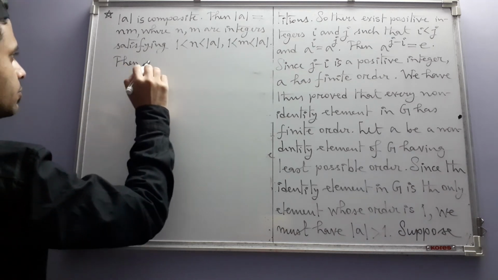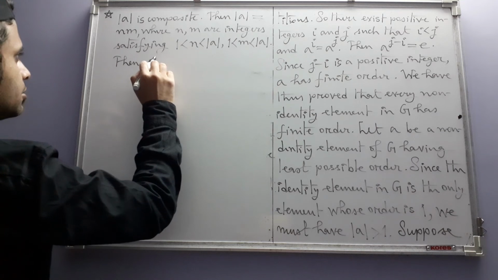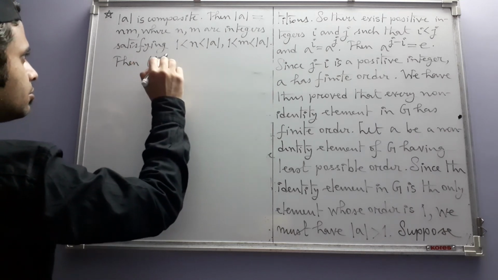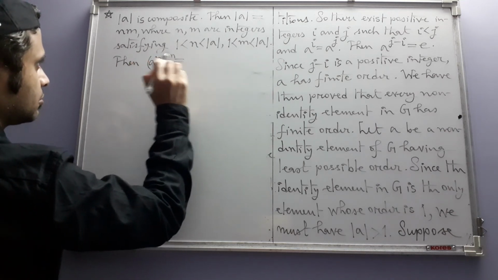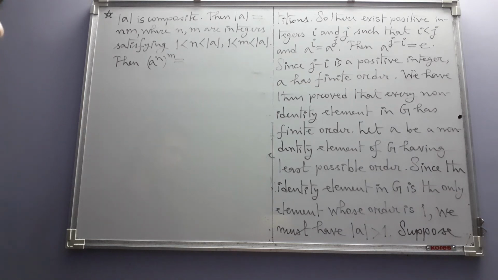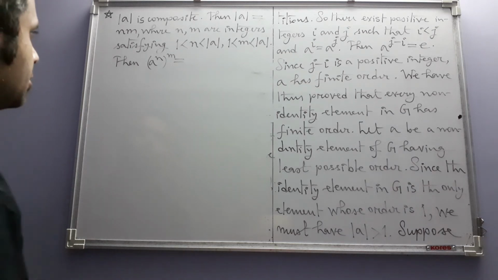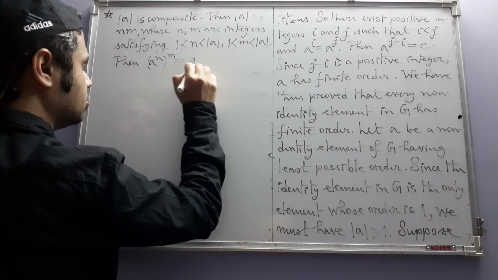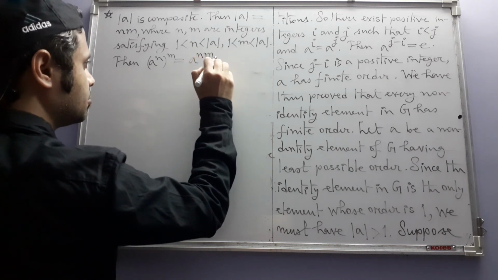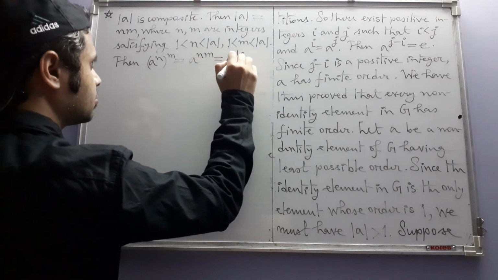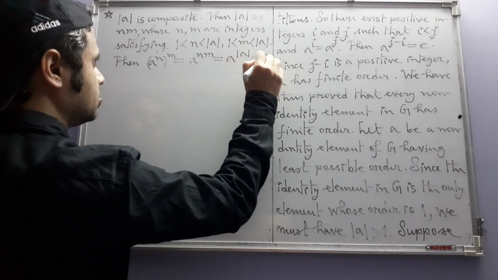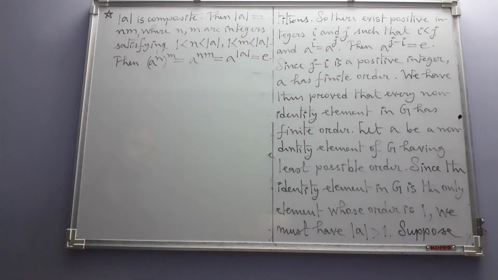Then what about a to the power n whole to the power m? By the rules of exponent, we have this, which is equal to identity.